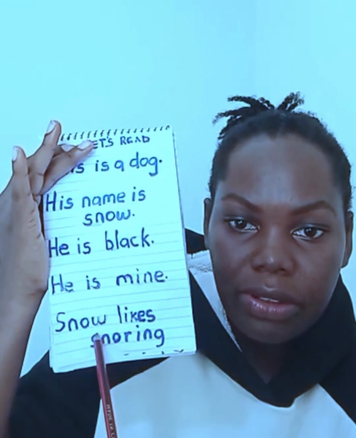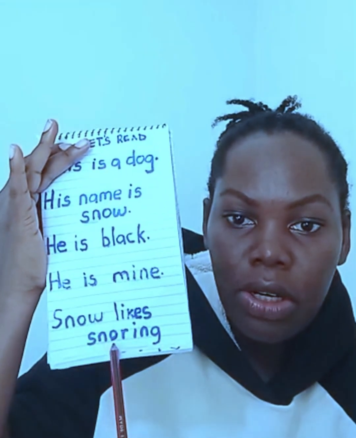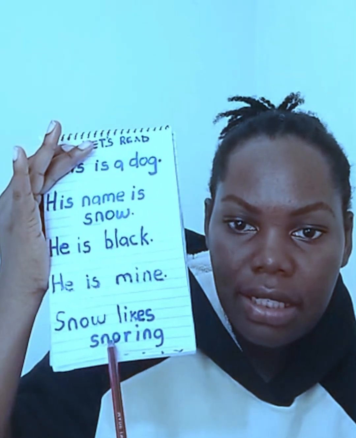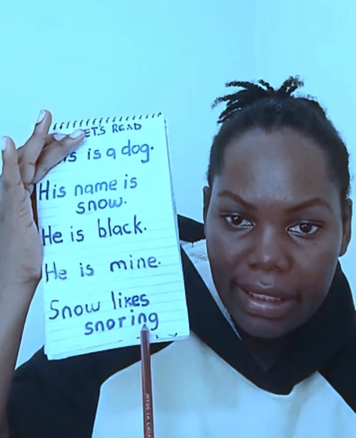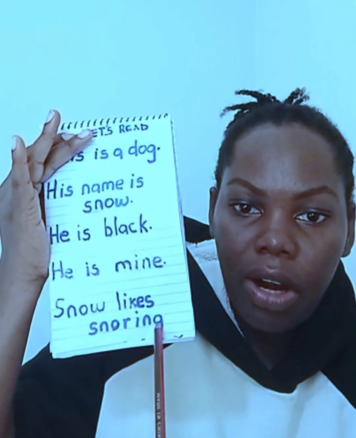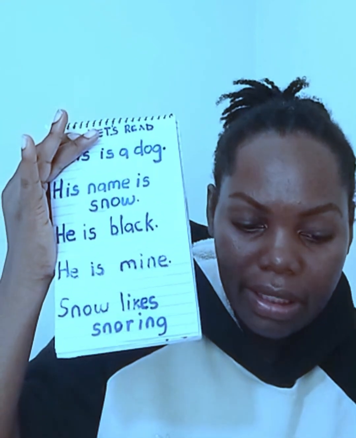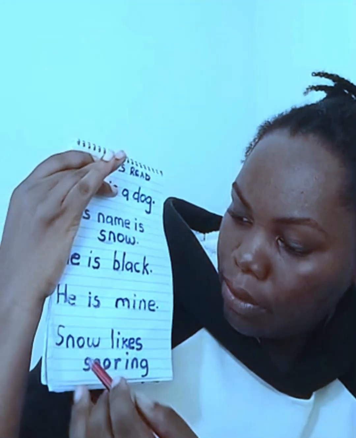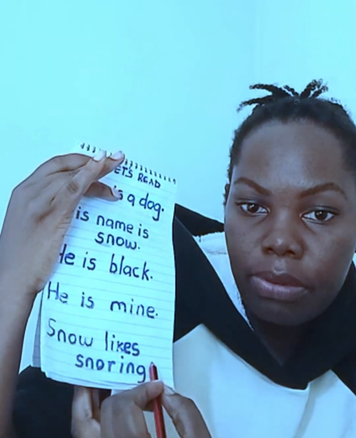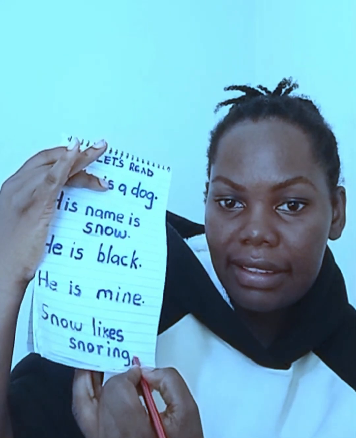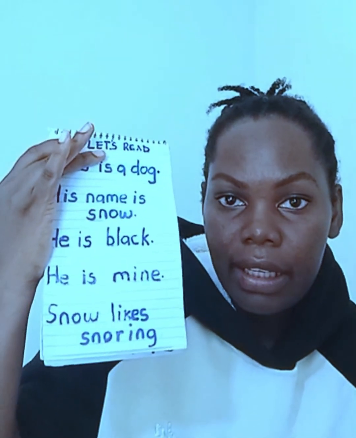This is a blend. I already told you this is a blend. Snoring. Snow likes snoring. So we shall have to just put a full stop on this because it is a sentence. It has to end with a full stop.